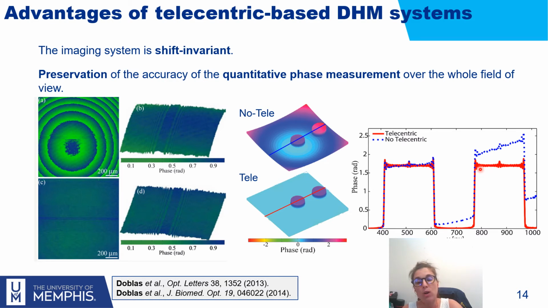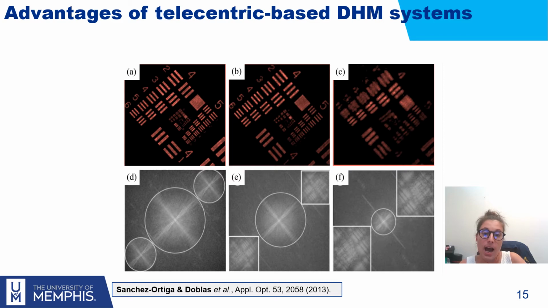And apart from accuracy of the raw reconstructed phase image, the complexity of the reconstruction algorithm is less, so it is simpler and faster to implement. Another advantage of using telecentric based DHM systems, compared with non-telecentric, is the resolution.